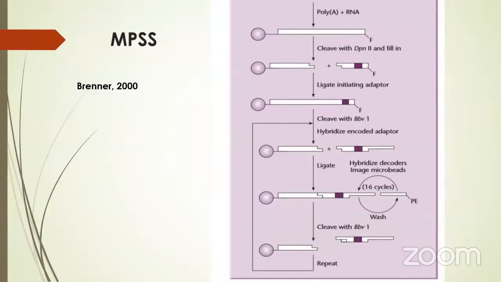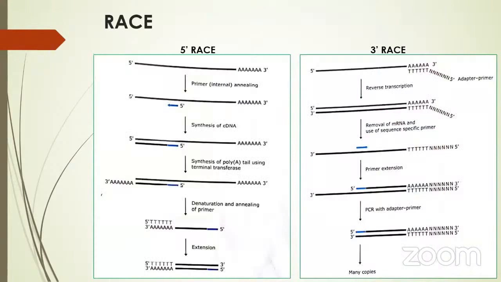We can also repeat the steps for use in differential gene expression studies. This is the beauty of MPSS, and it is very useful because it is multiplexed. So many samples you can do together because you are not dealing with the whole length of the RNA. You are dealing with a small part of the RNA, so this is very useful.